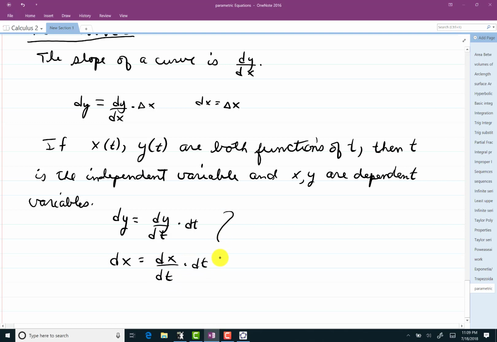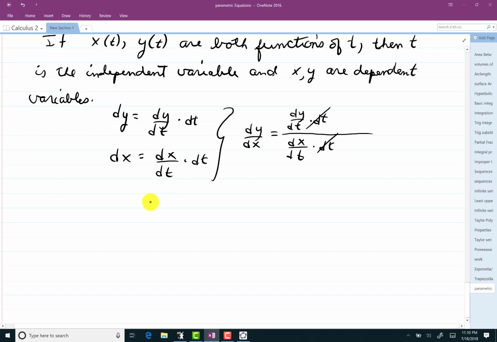So when I try to do dy over dx, the dy I'm going to replace with dy over dt times dt, and the dx I'm going to replace with dx over dt times dt, and the dt's can cancel. So the derivative, dy over dx, simply equals dy over dt divided by dx over dt.